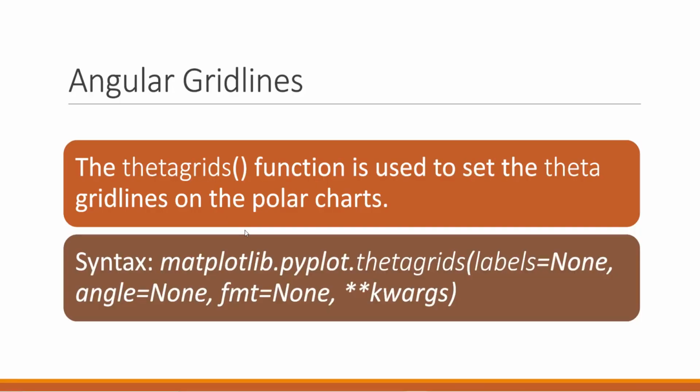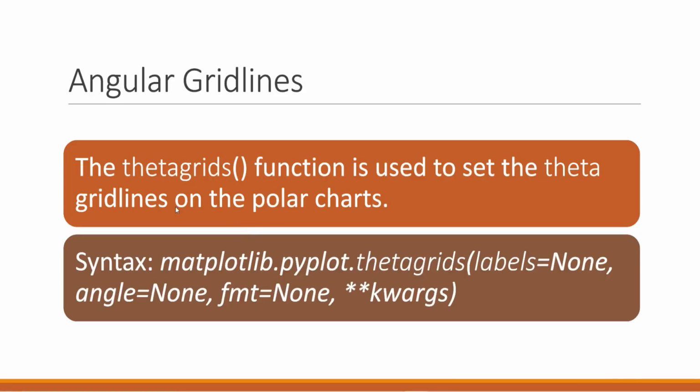The next one is angles. By default it has None value, and it takes a tuple with float values, and it is the angle of the theta grid line. The next one is fmt. By default it has None value, and the other one is keyword arguments.